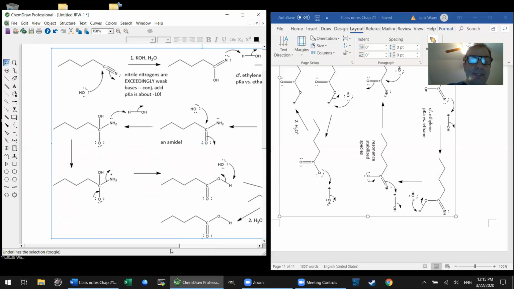But when we consider the pKa of ammonium nitrogens, they are very much less acidic than nitrogens like this, or nitrile nitrogens with a plus charge. So that's why we're not protonating this nitrogen first.